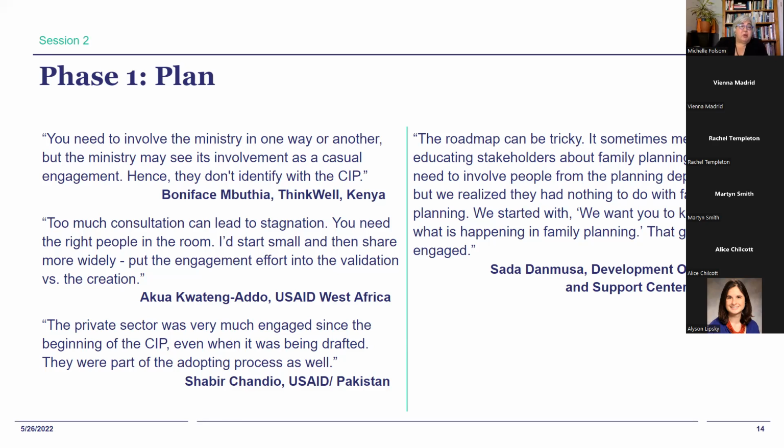But in Kenya, we heard, it's very important. You need to involve the ministry in one way or the other. But sometimes the ministry saw its involvement as a casual engagement. And as a result, they didn't really identify with the CIP. They didn't own it. And again, it was felt that ownership is critical.